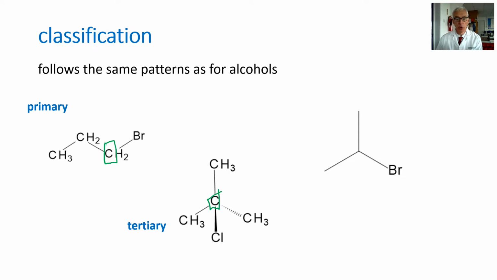It's got 1, 2, 3 alkyl groups attached to it, so that is tertiary, and it's obvious, I hope, therefore, that here we're interested in how many alkyl groups attached to this halogen carrying carbon, and it's 2, so that is secondary.